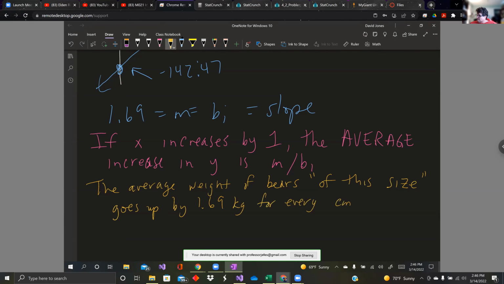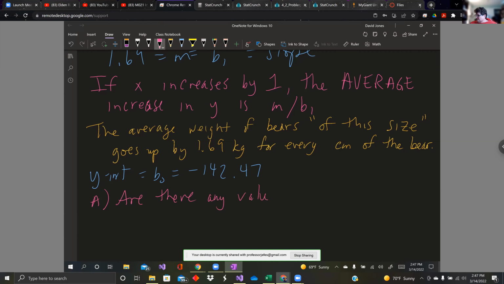And the way we want to look at this is we want to look at a couple things. First off, are there any values of X close to 0? In this case, there's not, but I want to give you the other thing we look for in case there is. Does it make sense to have X equals 0?